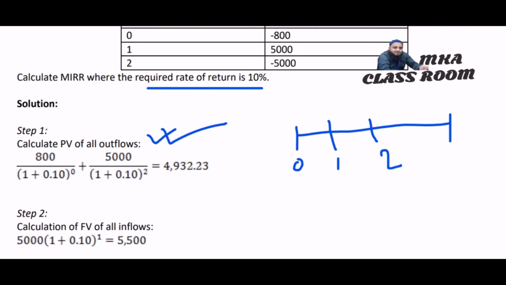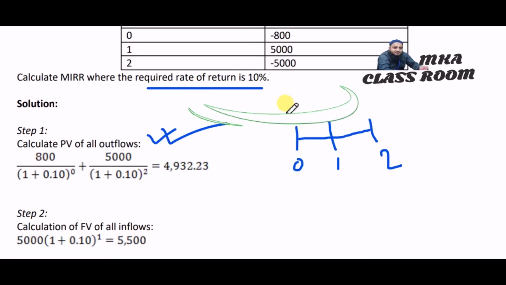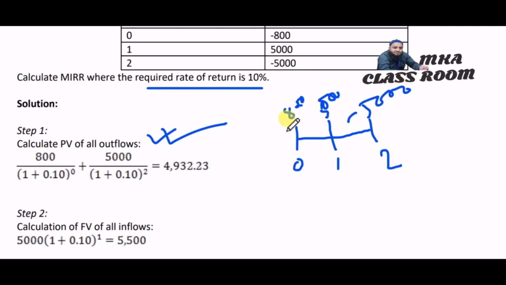You can write down the timeline for better calculations. So here 0, 800, 5000 and negative 5000. So we have to bring all negative signs to the present value.